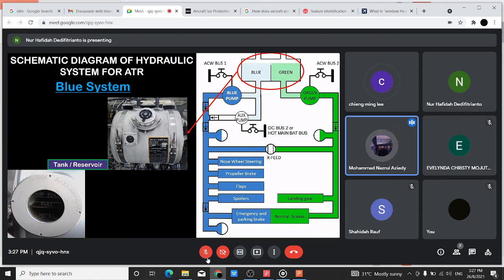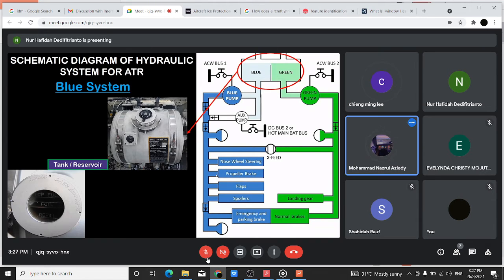If the landing gear fails to extend, which part of the hydraulic system will also fail? How many pumps are there? All 3 pumps fail. Worst case scenario.